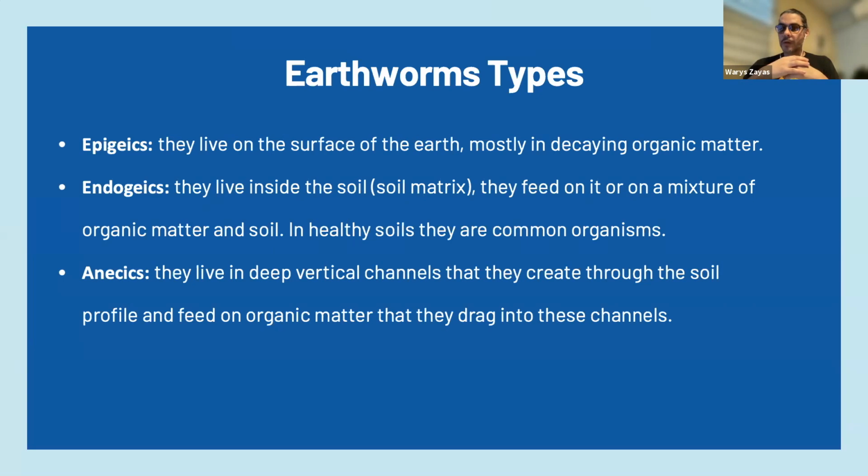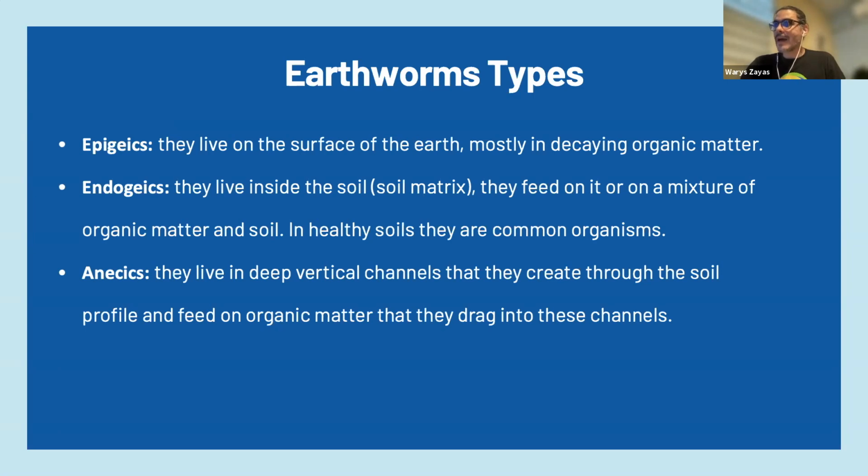On average, they are the biggest earthworms you can find, and sometimes they are not so common in soils, but because they live in those vertical channels, when there are heavy rain events and those channels get flooded, you can find those guys on the surface of the soil, outside of the soil.